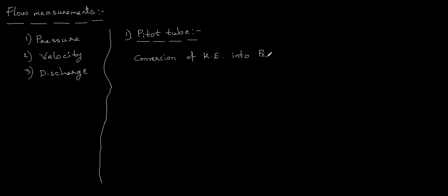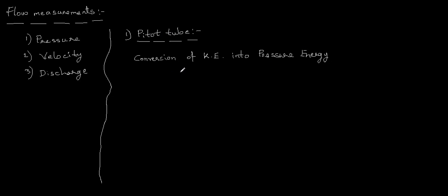When the liquid enters the pitot tube, at the entrance the total kinetic energy of the liquid or water is converted into pressure energy. By this conversion, we get the velocity using the pitot tube.